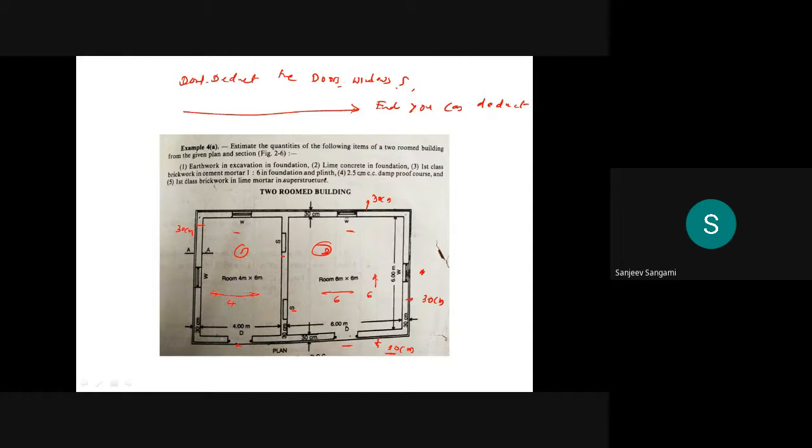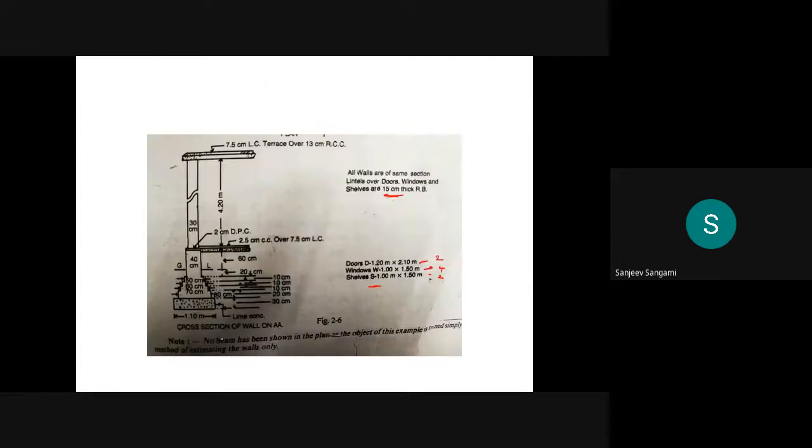Then you can see the section also. In that section, it starts with the foundation of lime concrete. Then you have the first footing, second footing, third footing, and till plinth level there are one to four footings. After that, above, you have the superstructure.